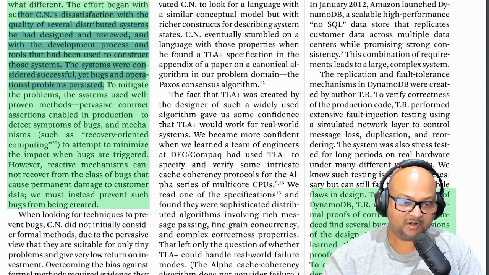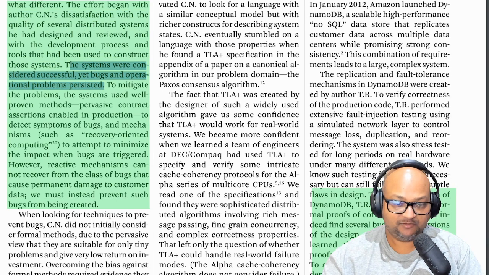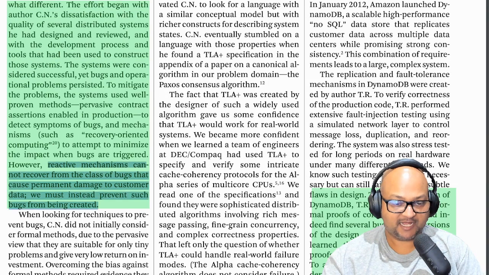What prompted the authors to consider using formal methods was that they had built all these large distributed systems, and while they were successful, they still suffered from ongoing bugs and operational issues. So basically, what they needed was some way to know for sure or to prove that a class of bugs was completely absent from the system.